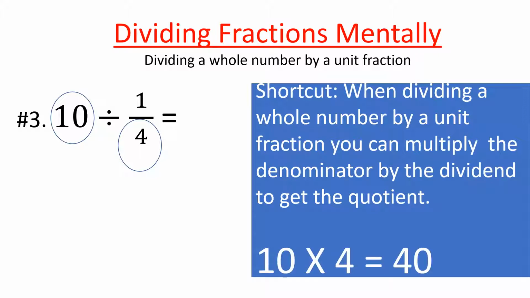So 10 times 4 equals 40. So the answer to the problem is 40. 10 divided by 1/4 equals 40. So you can think about that mentally. If 1/4 will go into 1 whole 4 times, and you have 10 wholes, then 10 times 4 is 40.